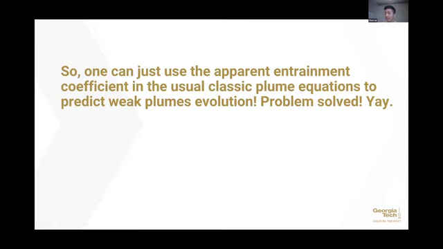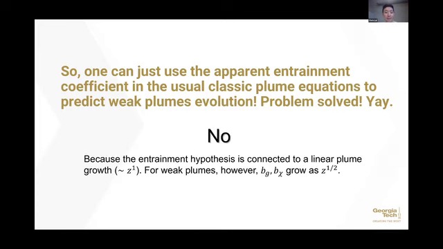And again, I alluded to this a little bit earlier. Can we just forget about the fundamental difference between a weak bubble plume and the classic plume, and just take the apparent entrainment coefficient and plug it into the same formulation and say problem solved? No, because the entrainment hypothesis implies a linear growth, which for a weak bubble plume is not the case.